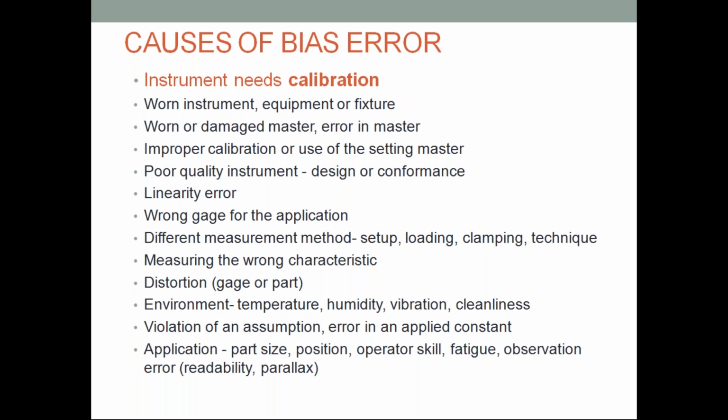A lot of people forget that if they're working in the realms of millionths or microns. Violation of an assumption, error in the applied constant or application, part size, position, operator skill, fatigue, observation error, readability, and parallax.